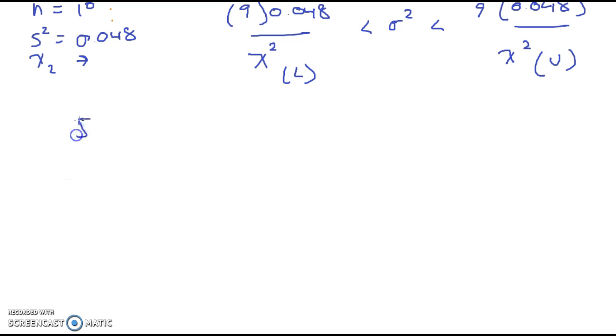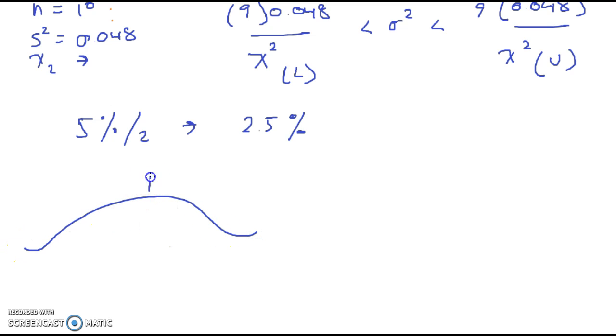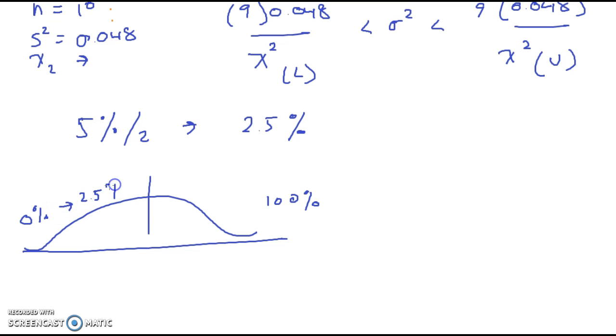So 5% divided by 2 gives us 2.5% to play with on either end of that chi-square distribution. Remember this end is 0% and this end is 100%. So we go up 2.5% here, down 2.5% there.